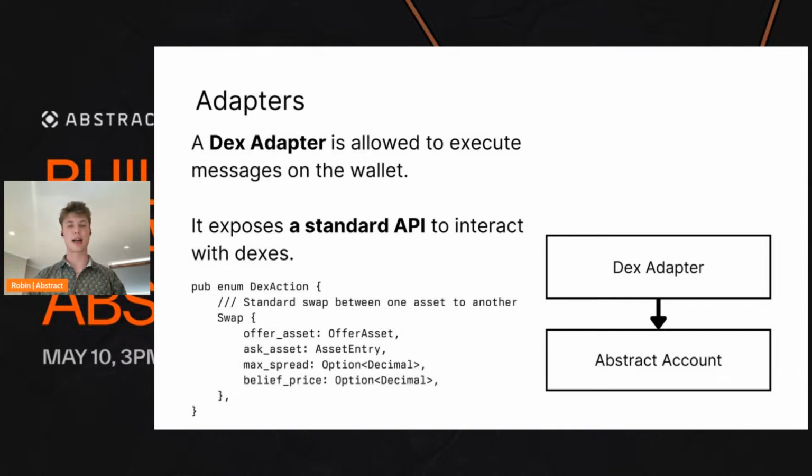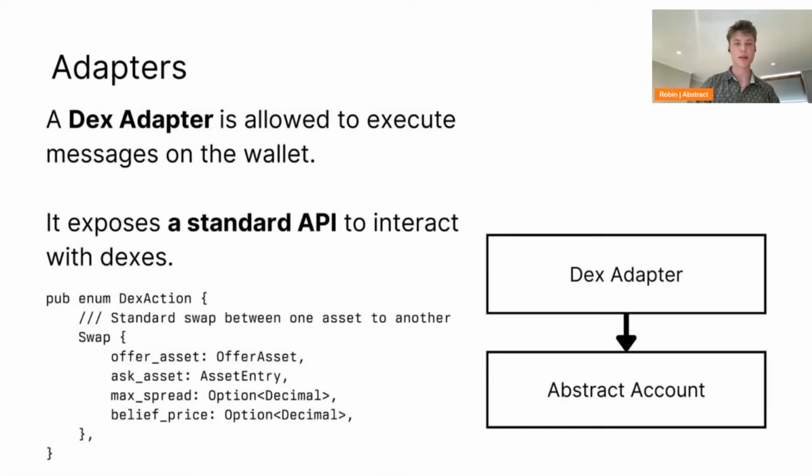You ask it for an asset, so you say, I want Doge, and then you give it some optional parameters to assert that the swap doesn't have too much slippage. And above this, there is a specifier which specifies which exchange you want to use. That could be Astrovault, for example, or Osmosis, etc.